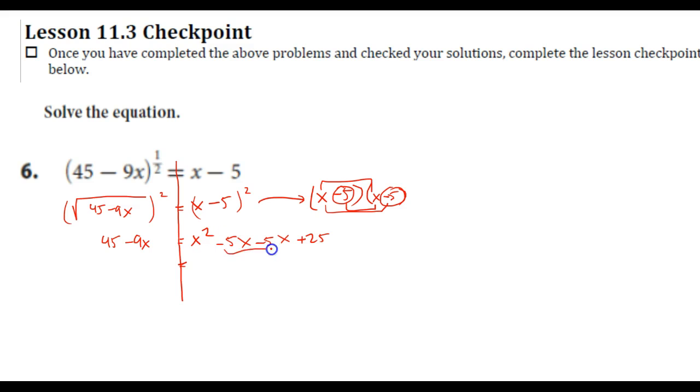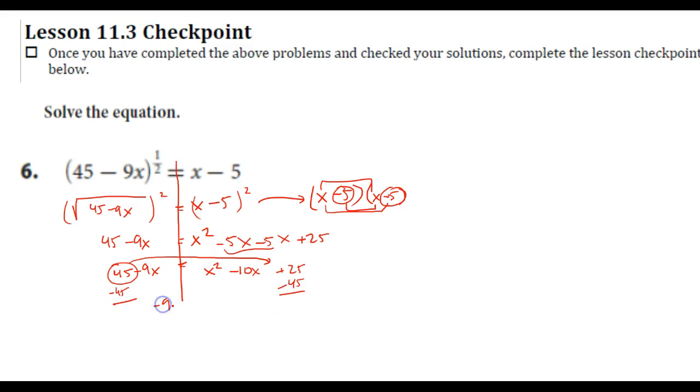So let's combine like terms. That would be x squared minus 10x plus 25, equals 45 minus 9x. Let's move all these terms over to one side. What's the opposite of a positive 45? Negative 45, right?